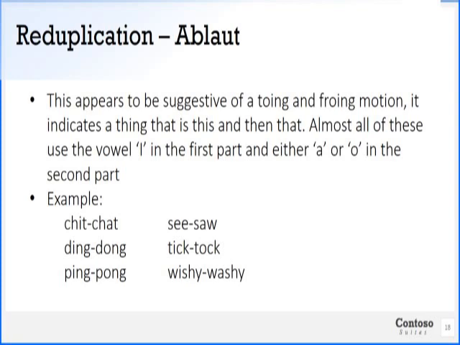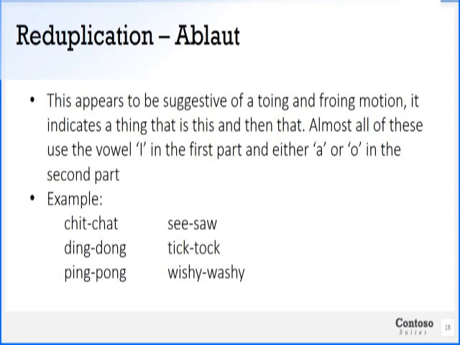Almost all of these use vowel E for the first part and vowel A or O in the second part. What is the example? The examples are like chit chat, ding dong, ping pong, see saw, tick tock, and wishy washy, like that.